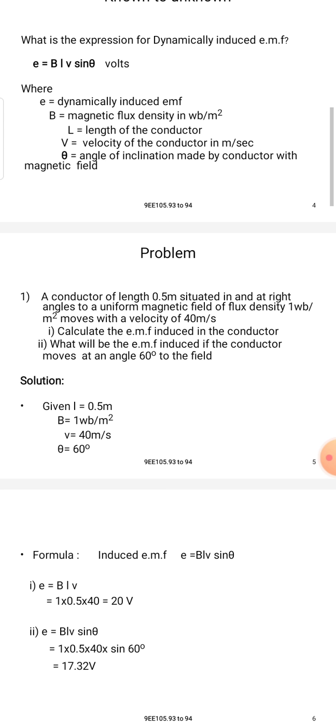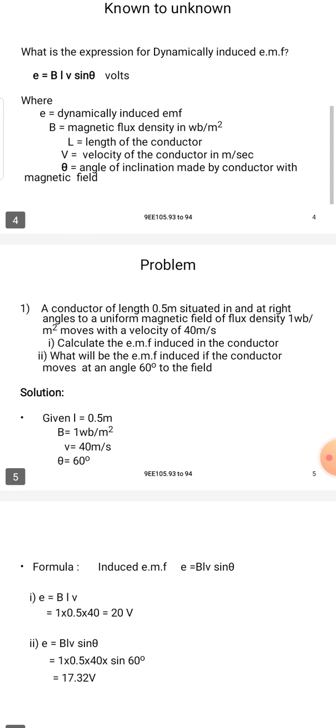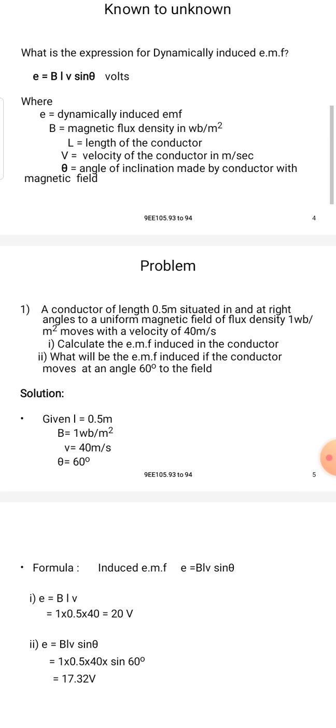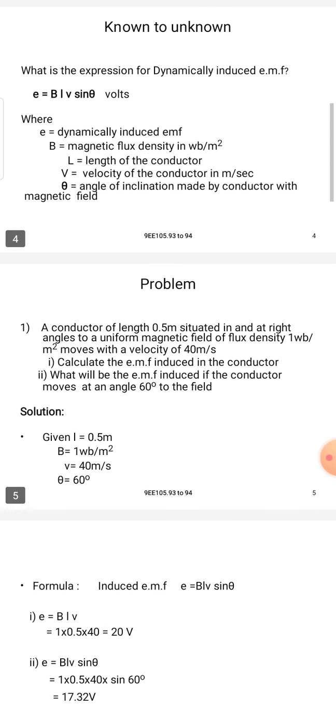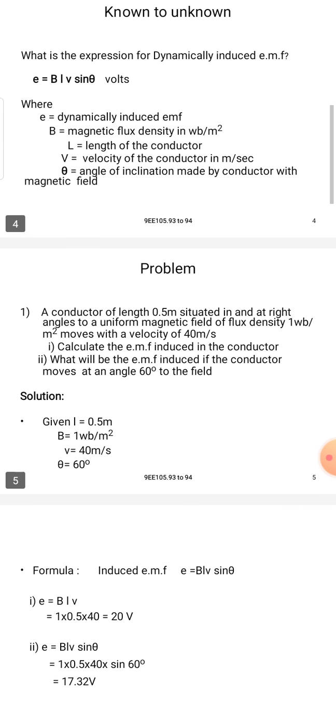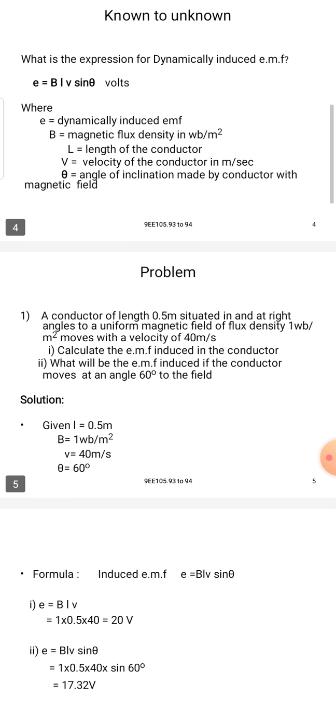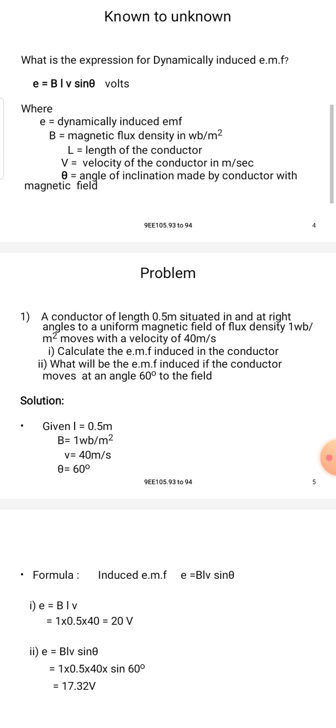V is the velocity of the conductor, measured in meter per second. Theta is the angle of inclination made by the conductor with the magnetic field.